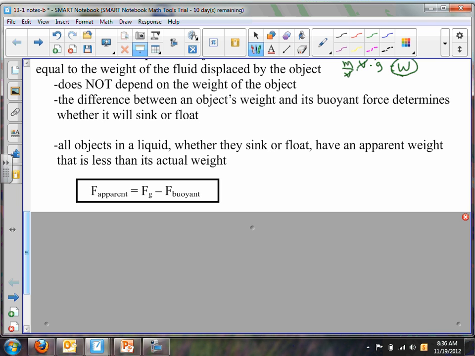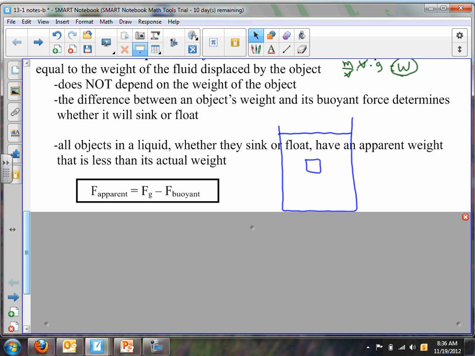If we drew an object in a fluid, this would be the force due to gravity, or its weight. This would be the buoyant force going up. Apparent weight would equal this minus that.